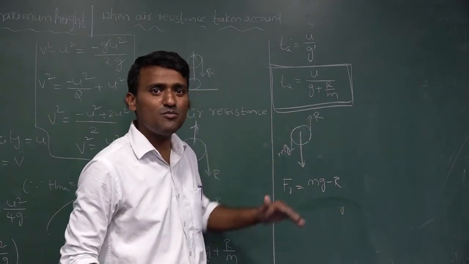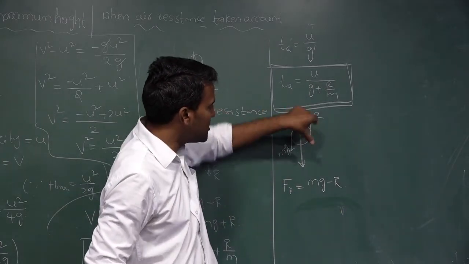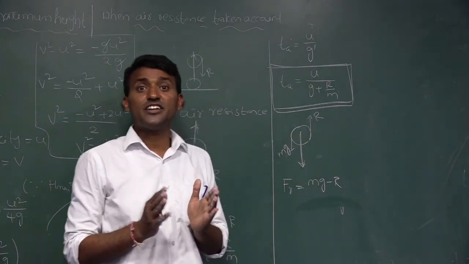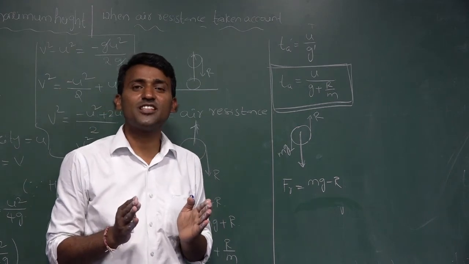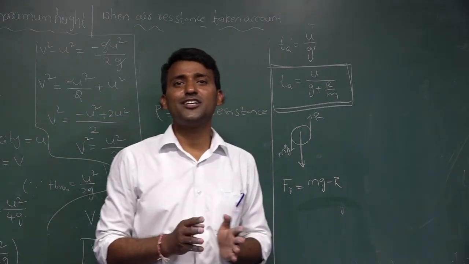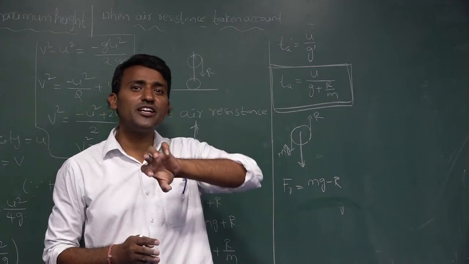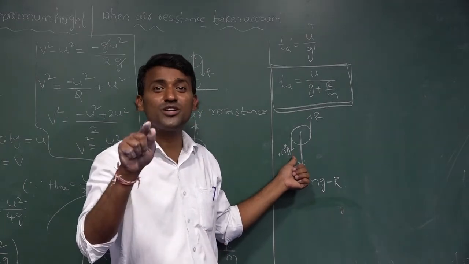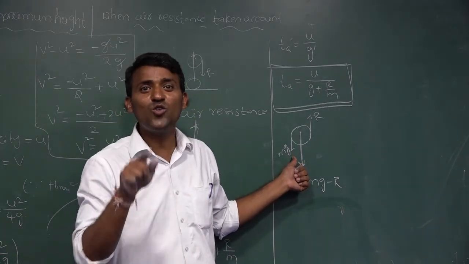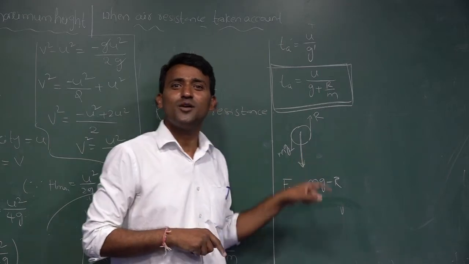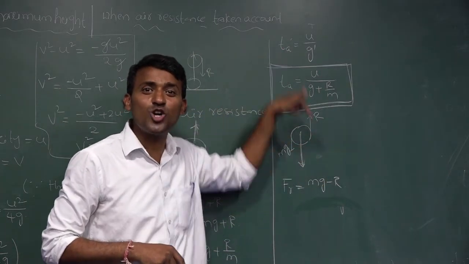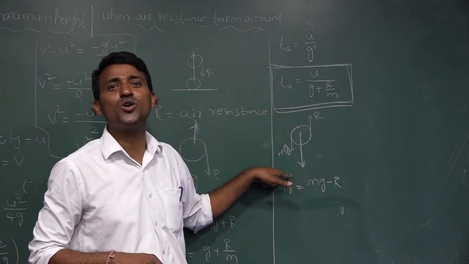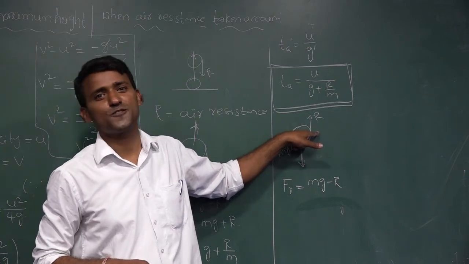If the object is going upward, these two are reversed and you can write r minus mg, because the resultant force is nothing but the unbalanced force, greater force minus lesser force. How do you know mg is the greater force? You have to question here. Because the object is going downward, not upward; going downward means this force is greater than the opposing force.